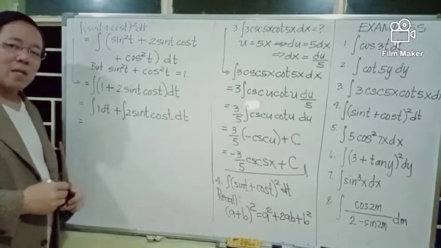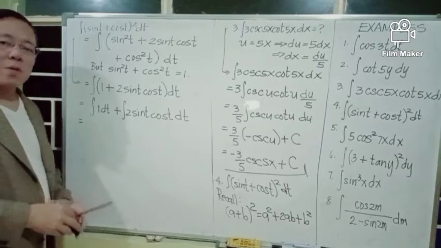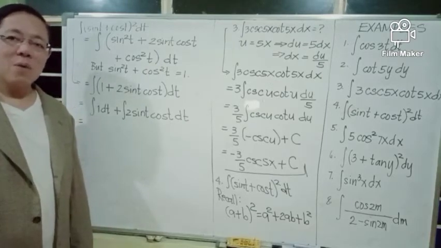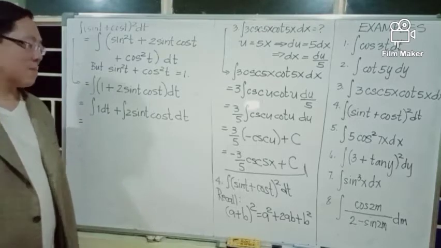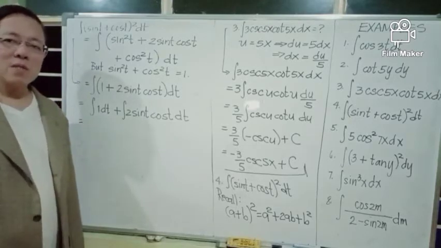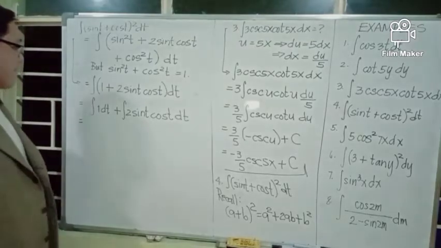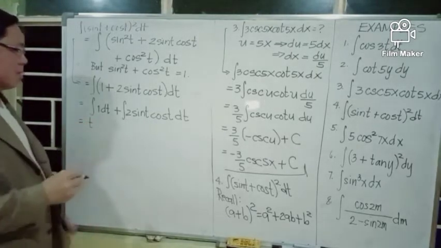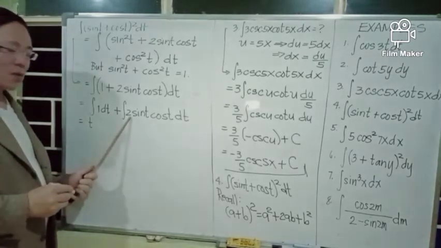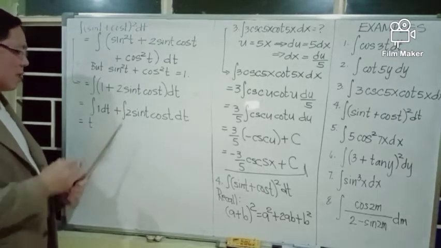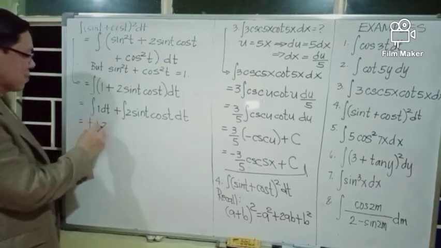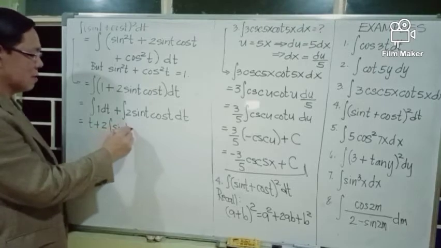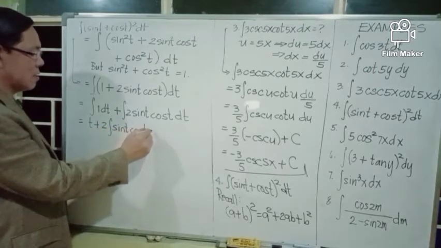And the integral of dt is t. 1 here can be written as t to the power 0, and you apply the power rule for integration where n equals 0, and we get t. For the second term, we take 2 out of the integral and we write plus 2 times the integral of sine t cosine t.